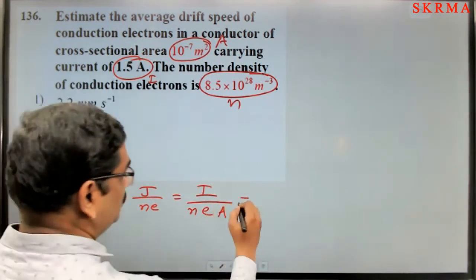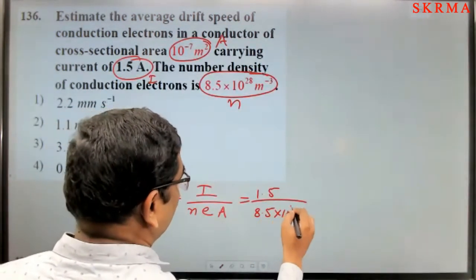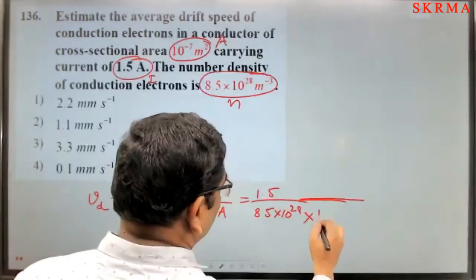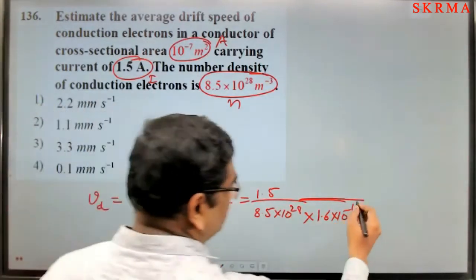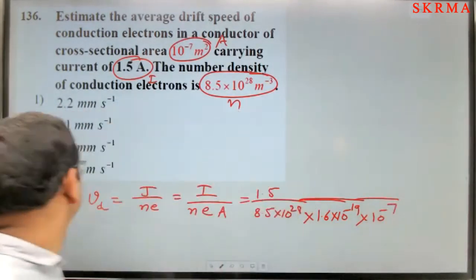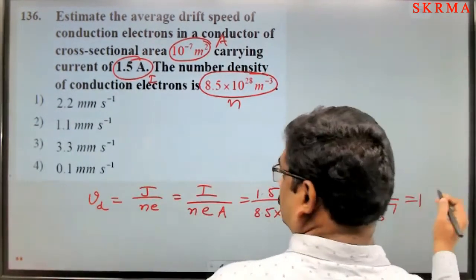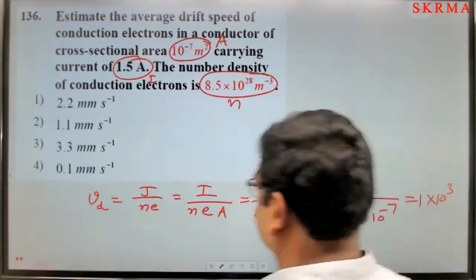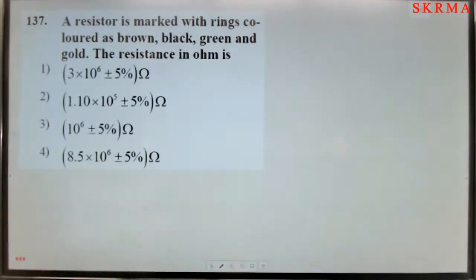I value 1.5 by number density 8.5 into 10 power 28, charge of electron 1.6 into 10 power minus 19, into area 10 power minus 7. Solve this and you will get nearly 1.1 into 10 power minus 3, so 1.1 millimeter per second. Direct substitution.